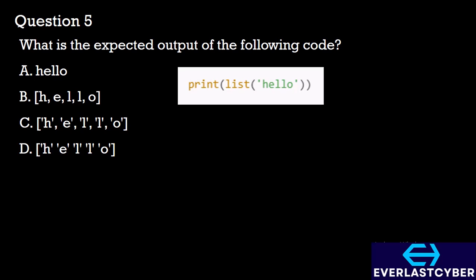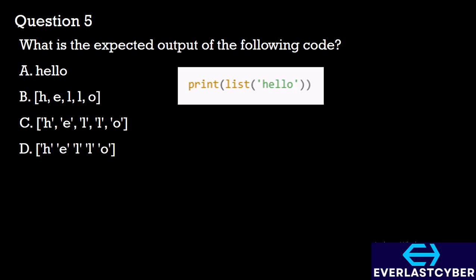Question 5. What is the expected output of the following code we have on the screen? print(list("hello")). Out of the options we have, which of these is the expected output from the code? If we notice the code, there's a list function there.